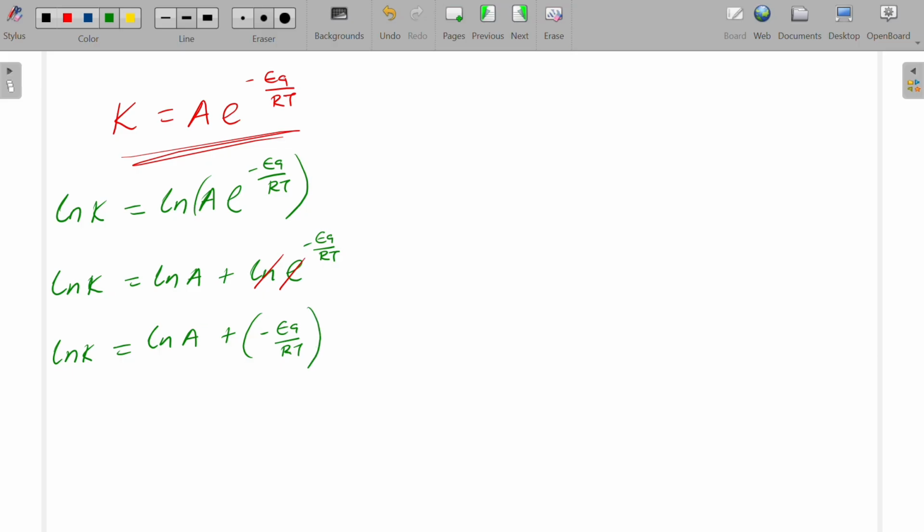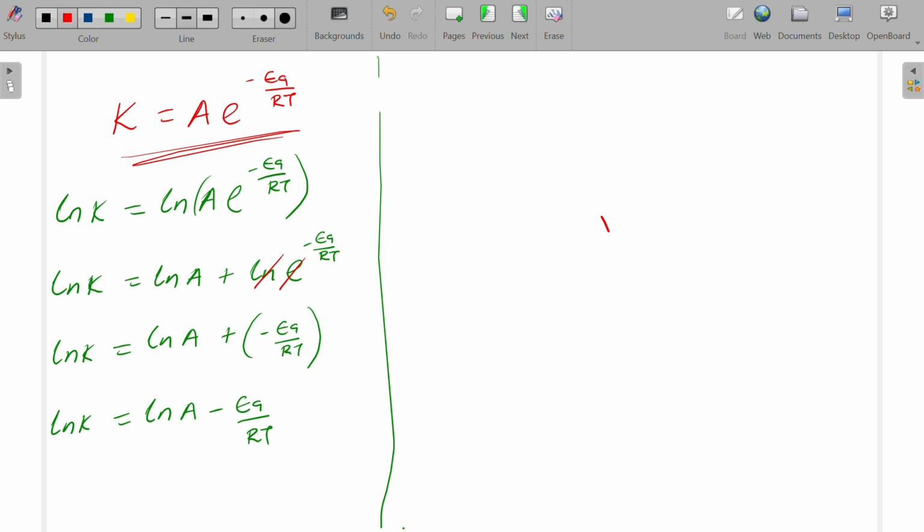So ln k = ln A - Ea/RT. We've brought our activation energy divided by RT down, and we have it in this format.